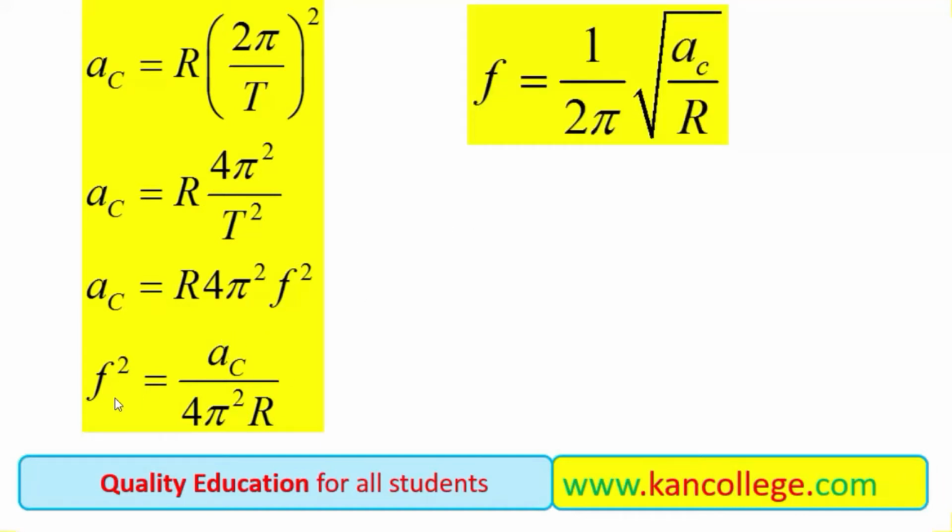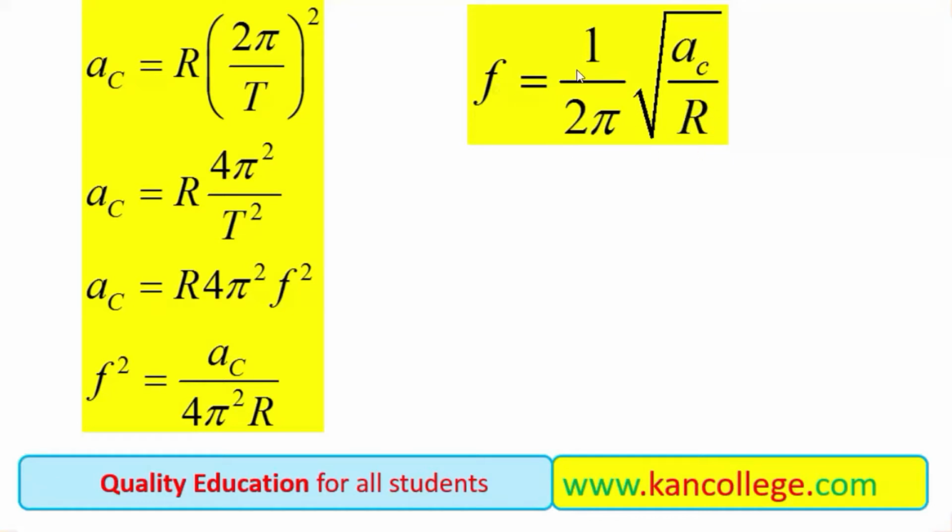So this frequency of rotation of the artificial satellite can be written, by taking the square root of both sides, as 1 over 2 pi under root AC over r. Over here you can see that if there is more frequency of rotation, then there will be more centripetal acceleration, as 2 pi is constant and the radius of the artificial satellite is also constant.